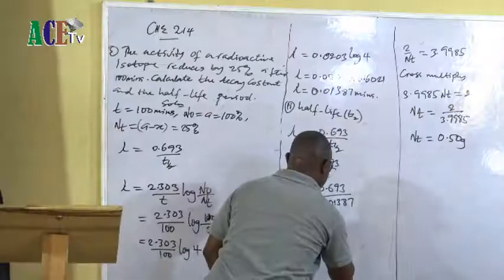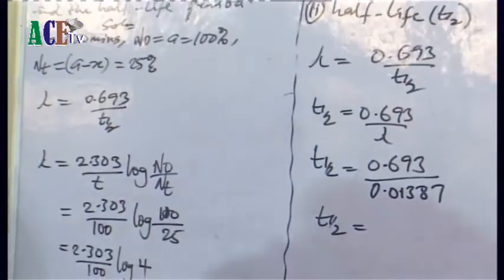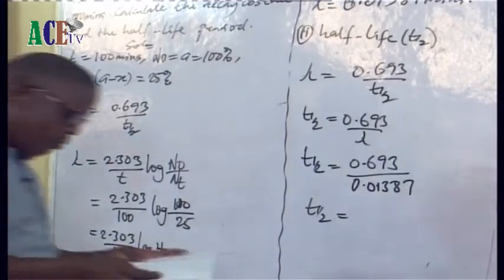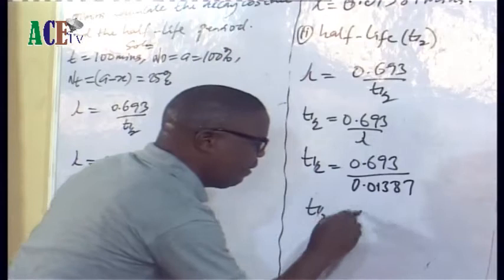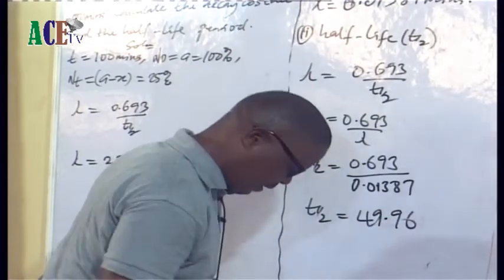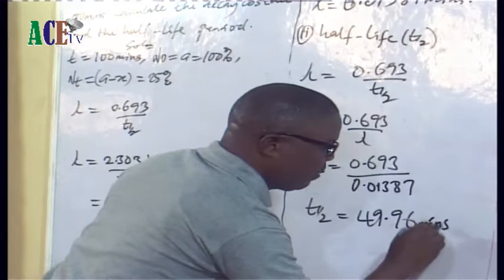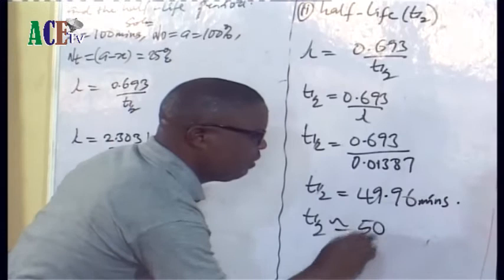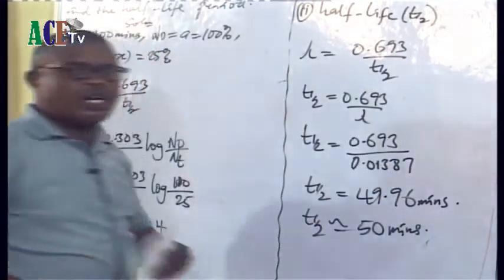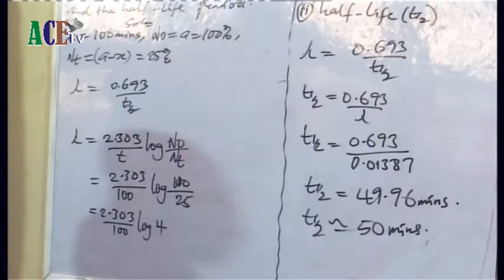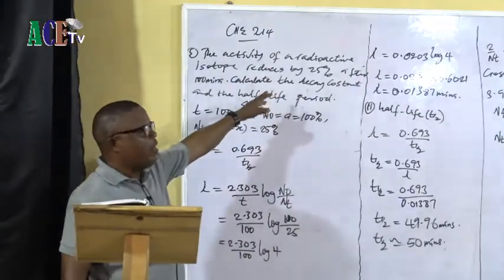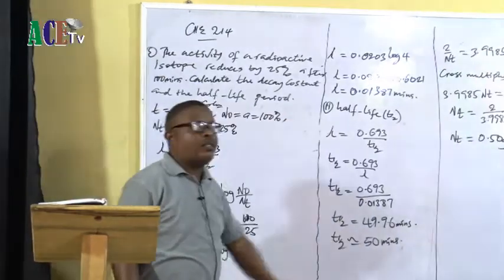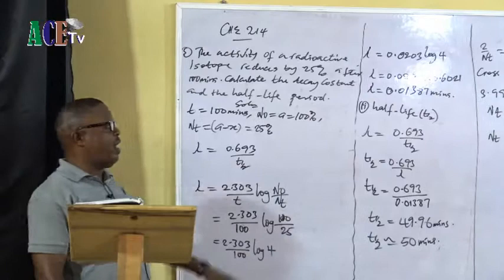So when this is divided, we have 49.96 minutes. That means T half can be approximated to be 50 minutes, to the nearest whole number. So that is the value of our decay constant and the half-life of the particular isotope.